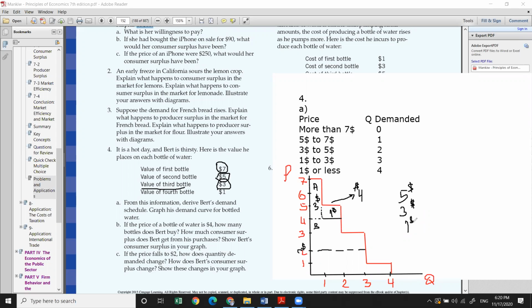In total, the total consumer surplus will be equal to $9. Very good. So the consumer surplus increases by $5 when the price of each bottle of water falls from $4 to $2. It was $4 before, and now it increased to $9. So the change is $5.